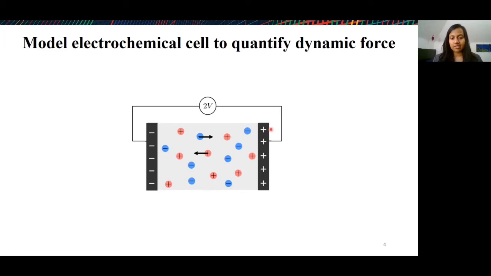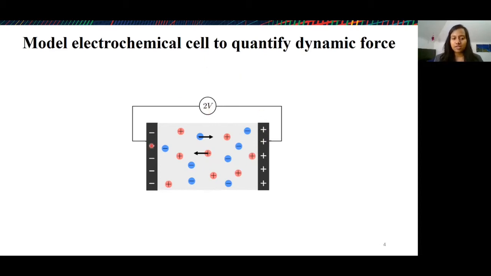A couple of things immediately happen. The electrodes get charged, so now you have your two charged surfaces. The ions in the electrolyte in between still haven't had time to respond to the applied voltage, so they're still uniformly distributed at this point.